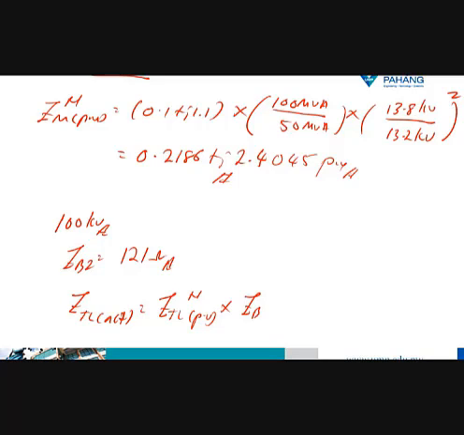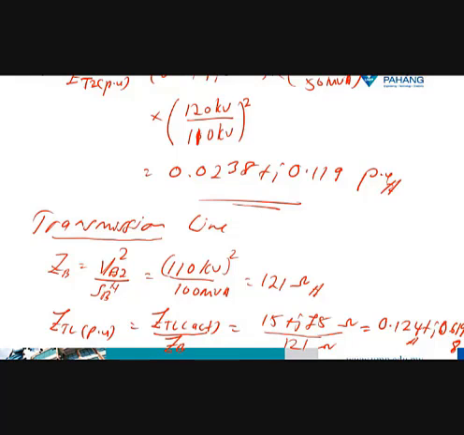Based on this equation, we know that Z per unit equals Z actual over Z base. Let's call this equation 1. We rearrange it and get equation 2: ZTL actual equals ZTL per unit times Z base. Let's say your ZTL is 0.12, not 0.124.